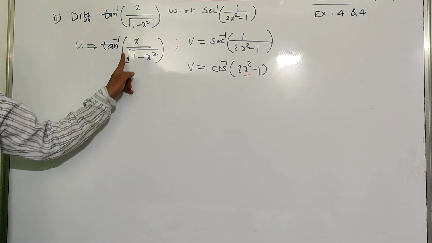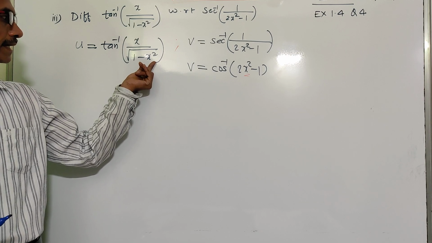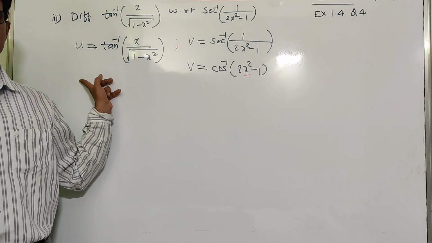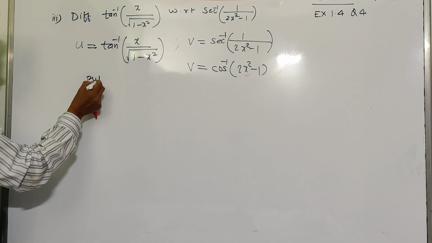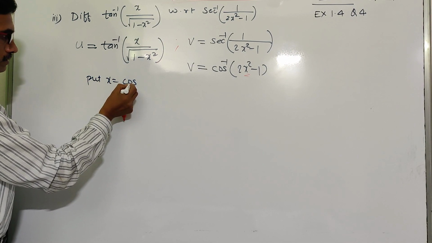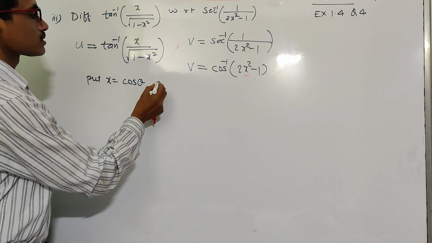Here also root of 1 minus x square, so either we substitute x is equal to cos theta or sin theta. So let us put the common substitution x is equal to cos theta.